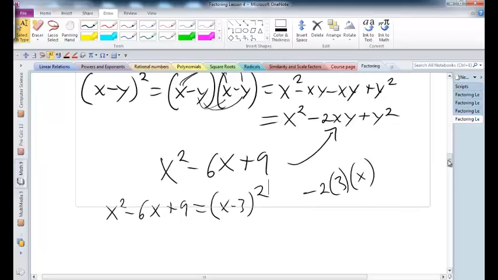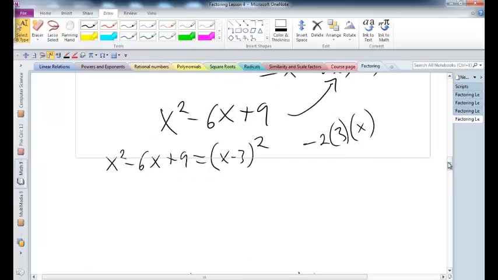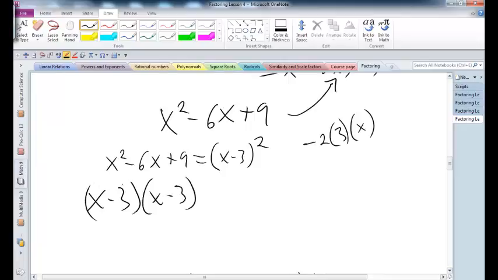We should always check our work, so let's try that. (x - 3) times (x - 3) is going to give us x squared minus 3x minus 3x to give us minus 6x plus 9. We have our original trinomial, so we've done a perfect job.